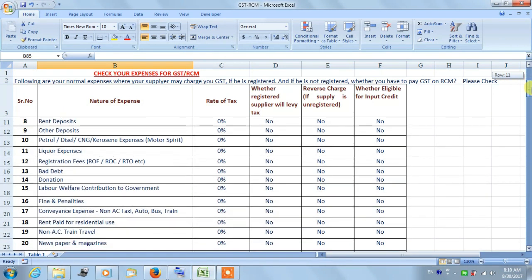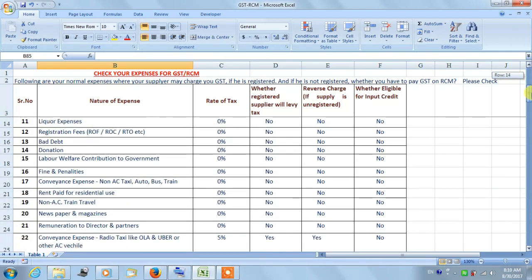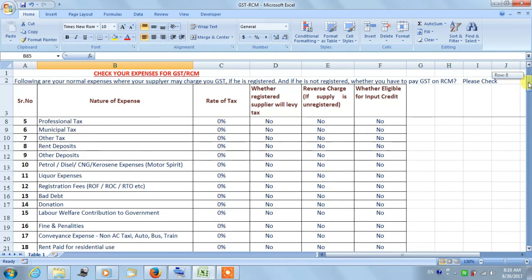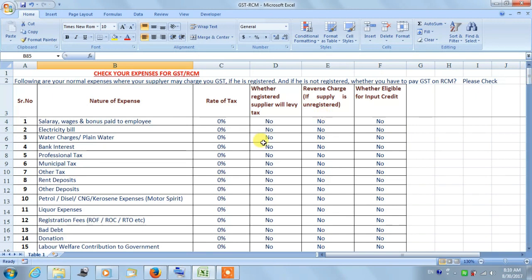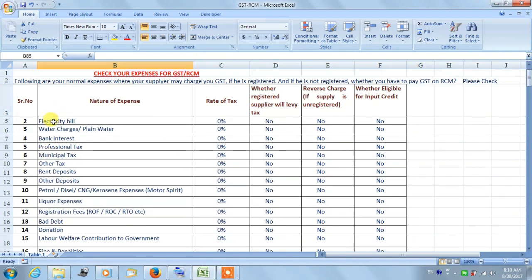So whether the supplier is registered or not, no tax shall apply on it, and those expenses are not eligible for input credit.